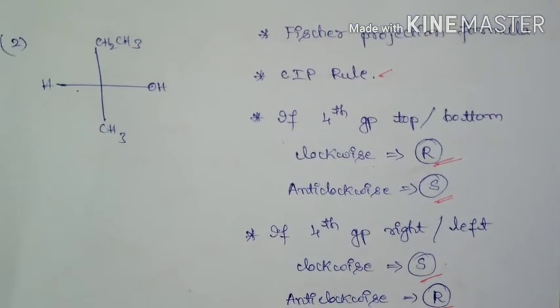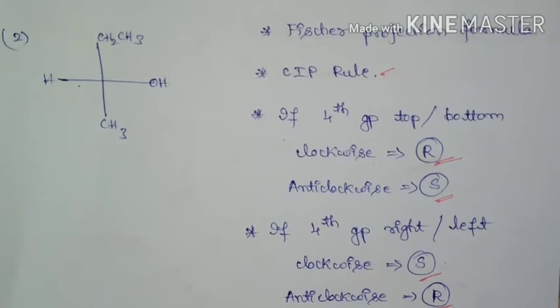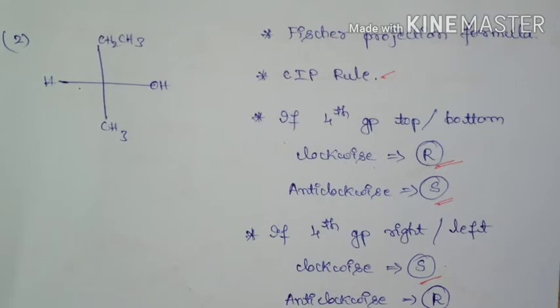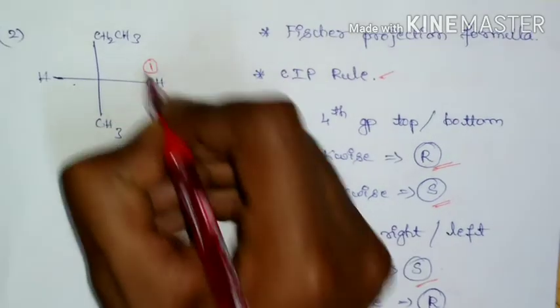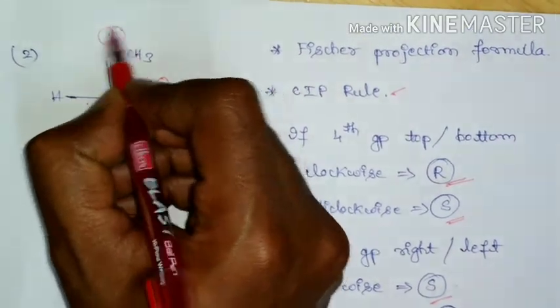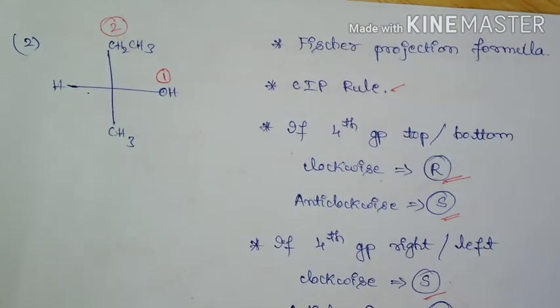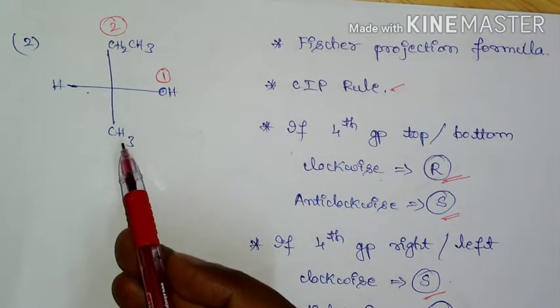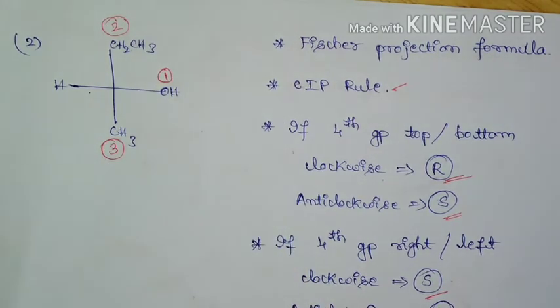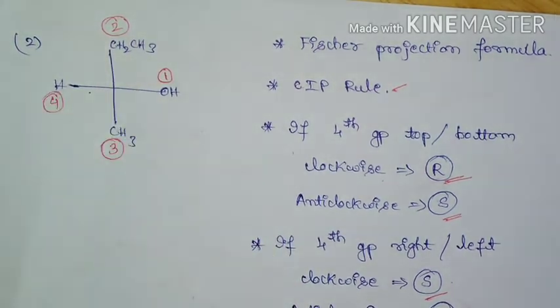Now we will see the configuration of this Fischer projection formula. First we need to give the priority numbers. Oxygen takes first priority. Among these 2 carbons, this one takes second priority because it is attached to 2 hydrogens and 1 carbon, while this carbon is attached to 3 hydrogens, so it takes third priority, and hydrogen takes fourth priority.